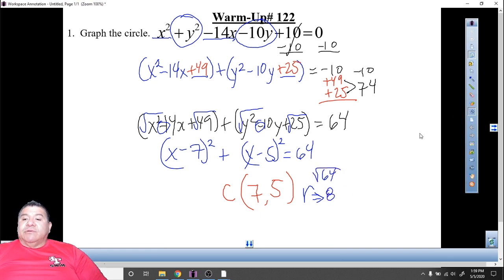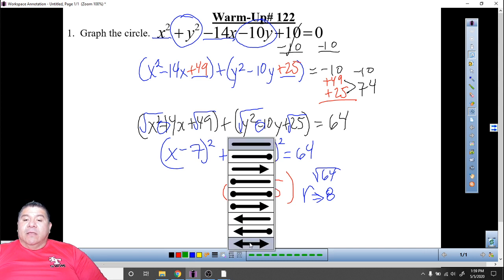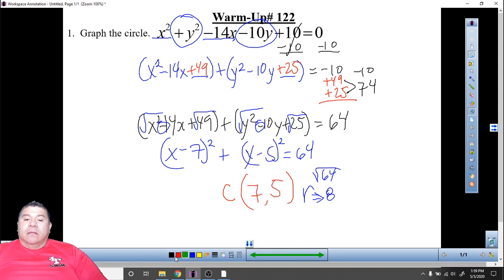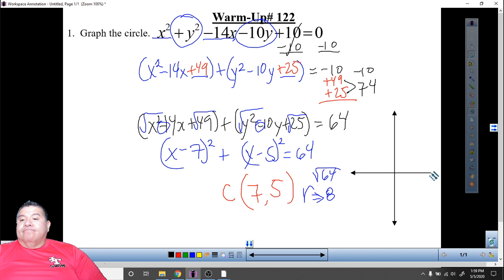All right, so if we were to graph that, let's see how that looks. Our center is at 7 on x, 5 on y, which is about right there. And then our radius is 8 units in each direction. So if we're at 5 here and go 8 more, we end up over here at 13.